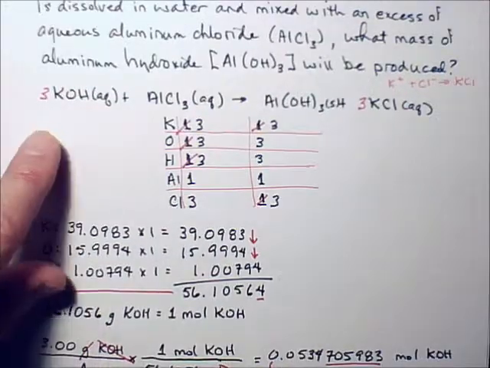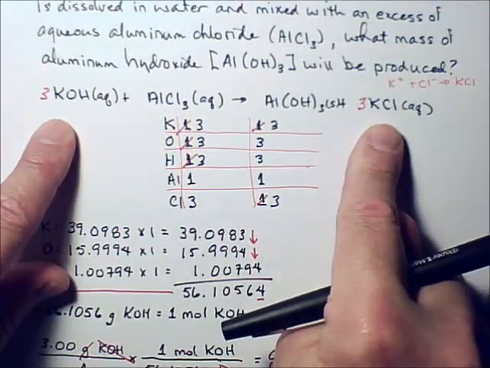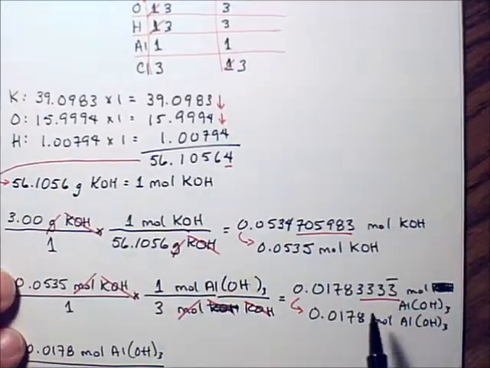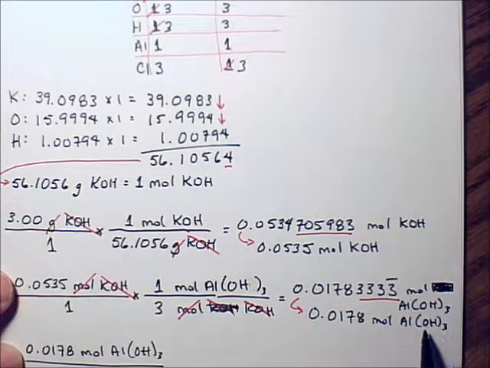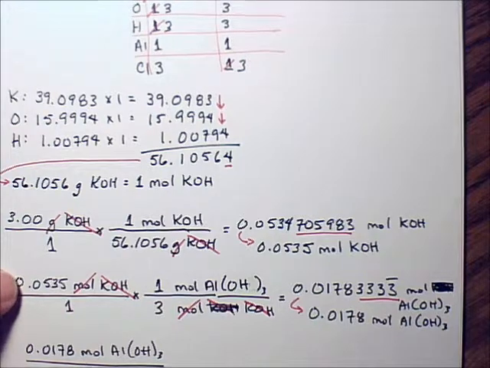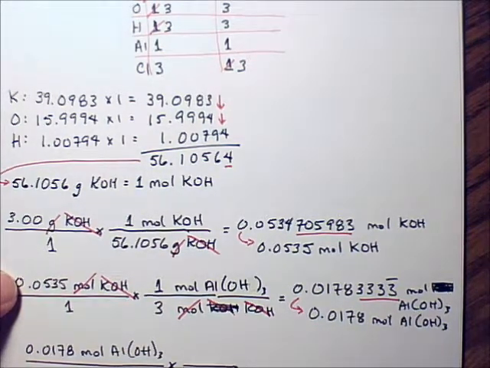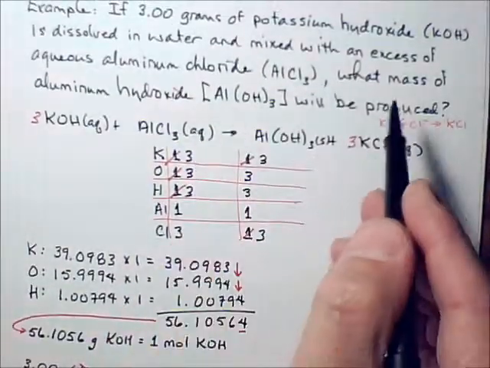And the molar ratio comes from the balanced equation. Okay? So now we have moles of the thing we're trying to find. So now the moles of the thing we're trying to find is down here over 1.